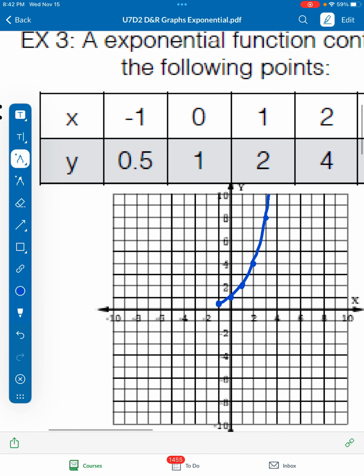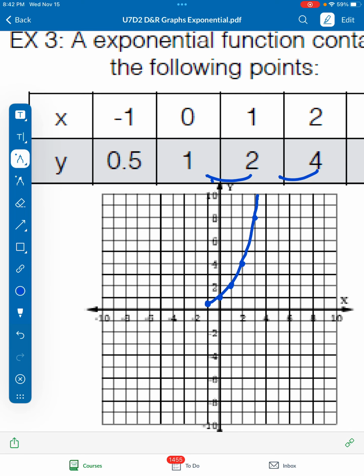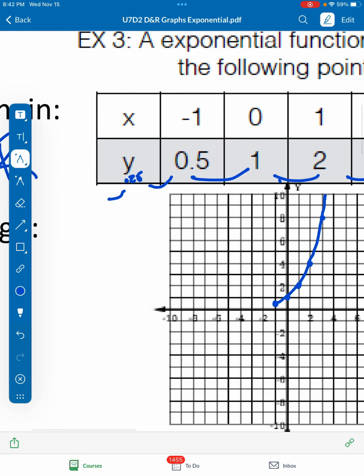And if you continued the pattern, hopefully you can see the pattern is times 2, times 2. So if we went backwards, it'd be times 1/2. If I went backwards again, we'd get 0.25. And if I went backwards again, we'd get 0.125, right?